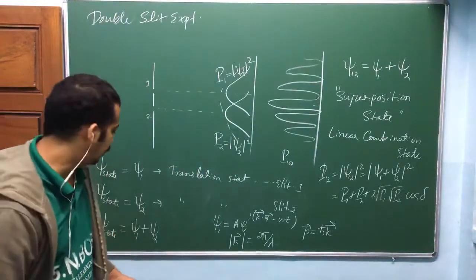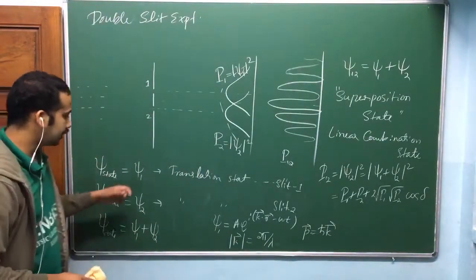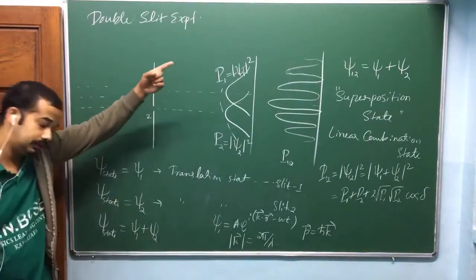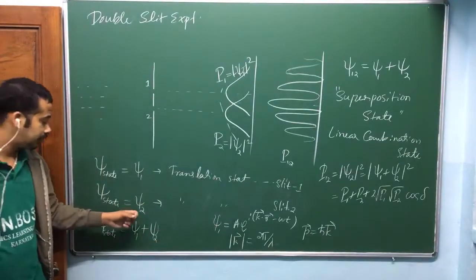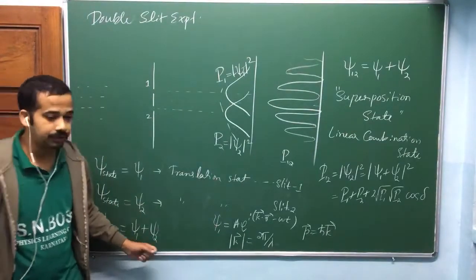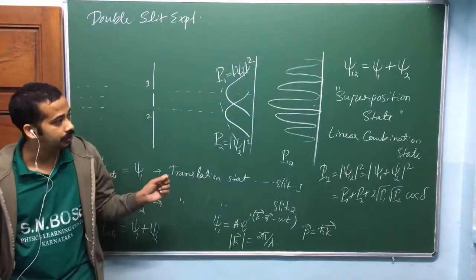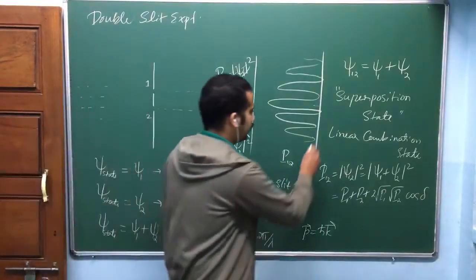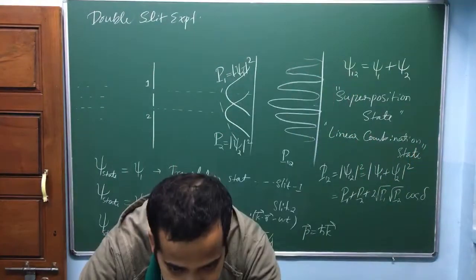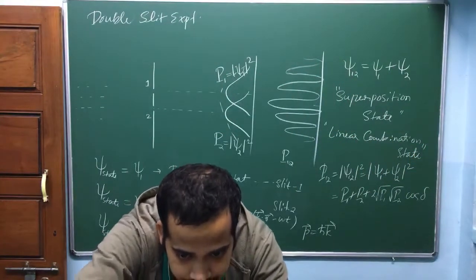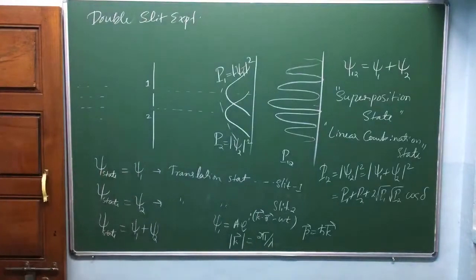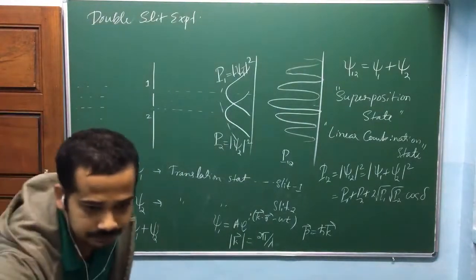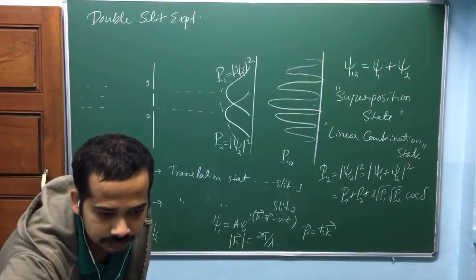Now quickly. The state of the particle can be psi 1, the state of the electron received on the screen can be psi 2, and the state can also be psi 1 plus psi 2. If superposition is a misleading term, use linear combination state. So why is it called a translational state?